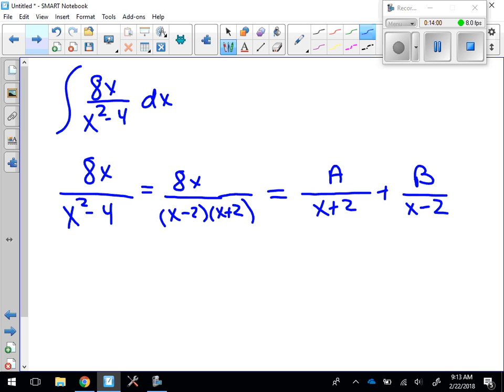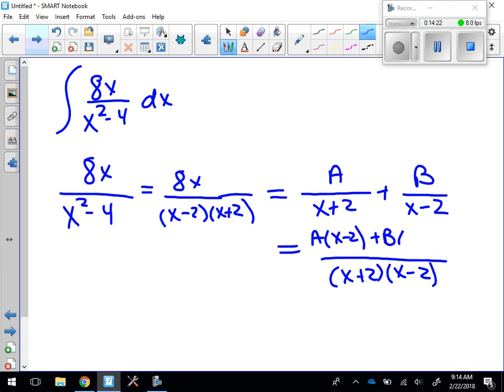Okay. And then what you do, though, in order to figure out what A and B are, is I actually find the common denominator again. Which means I have to multiply A by x minus 2. And I have to multiply B by x plus 2. Right? Everybody with me? Everybody remember? Okay. And that's equal to over here, x over x minus 2 times x plus 2.